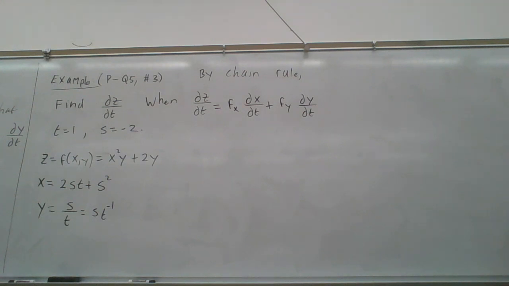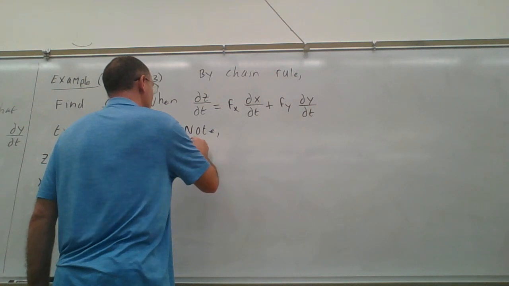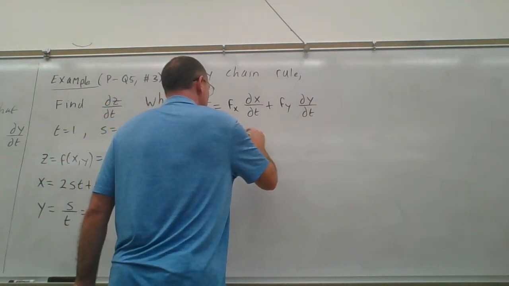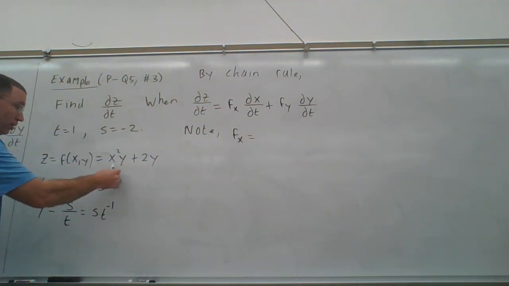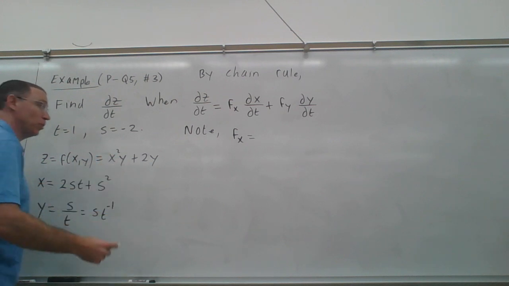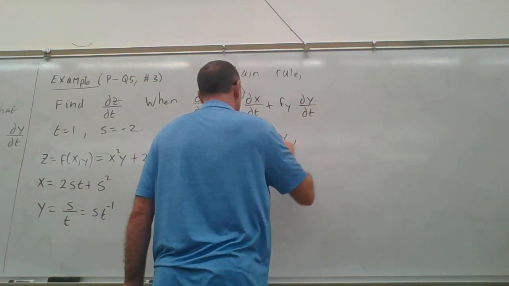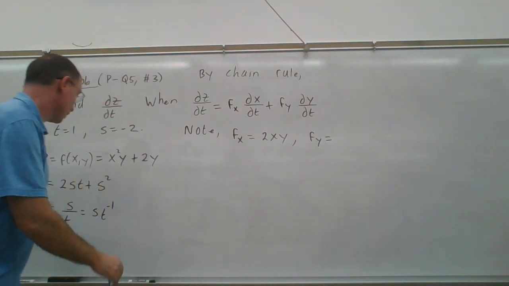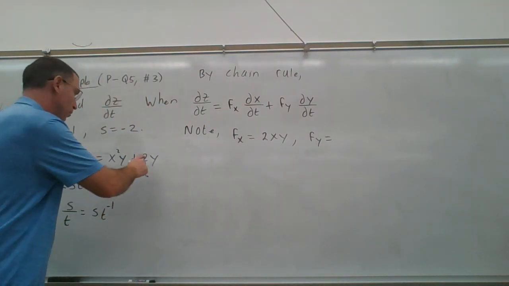Okay, so note fx, partial derivative of f with respect to x. Here's my x here. So treating x as a variable, y as a constant, it's going to be 2xy. Now fy, so treating x as a constant, it's going to be x squared plus 2.